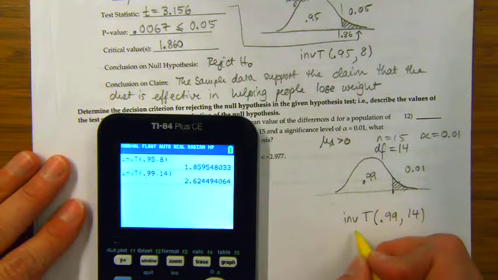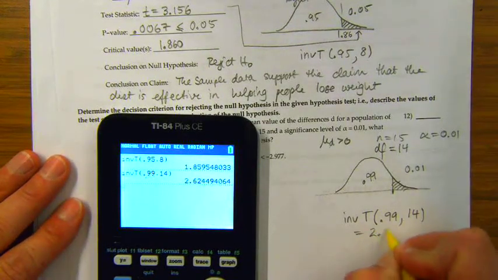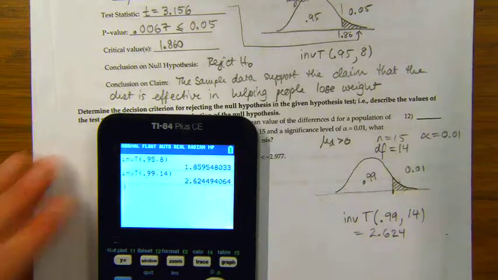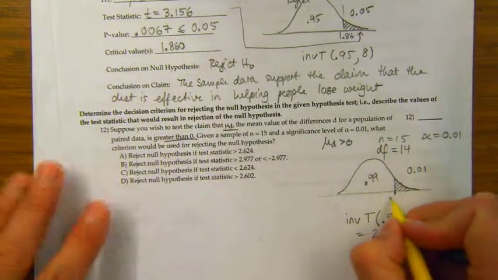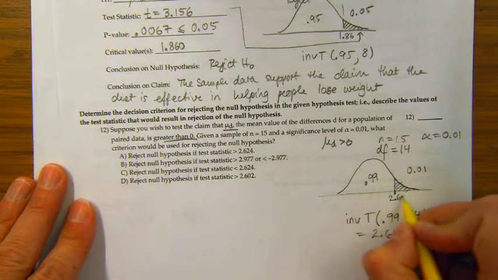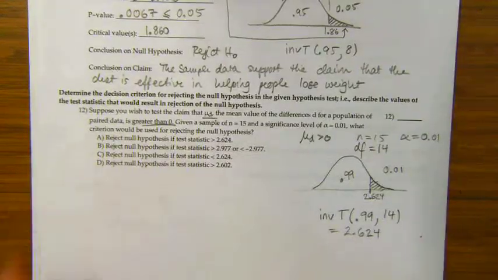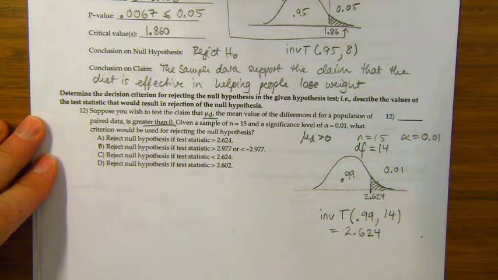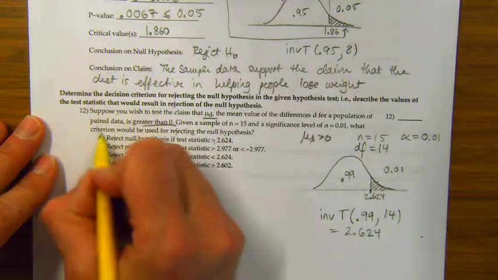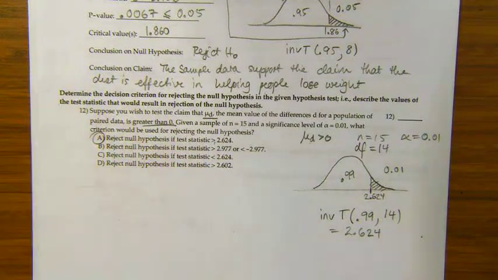Rounded to 3 decimals, that's 2.624. So this is where our critical value is, just one on the right. We're going to reject the null if what? If it's greater than 2.624. So choice A would be the correct one to choose.